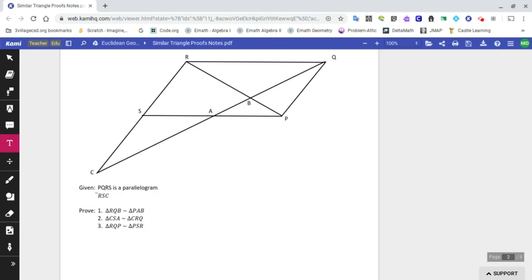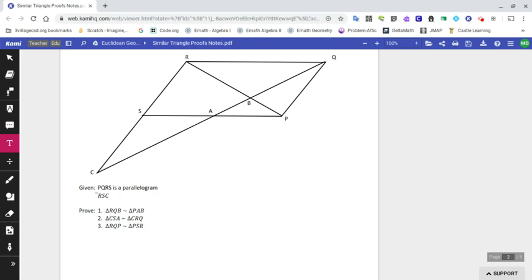So I'm telling you which triangles in this case. Since I have three proof statements and one given, I'm going to write all of this in the same proof. As soon as we're finished with part one, I'm going to keep moving on to part two and then part three. I'm not going to start over. I'm not going to restate the givens. I'm just going to continue and make it all one proof.